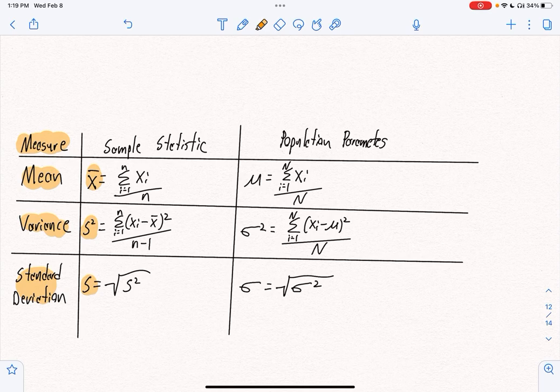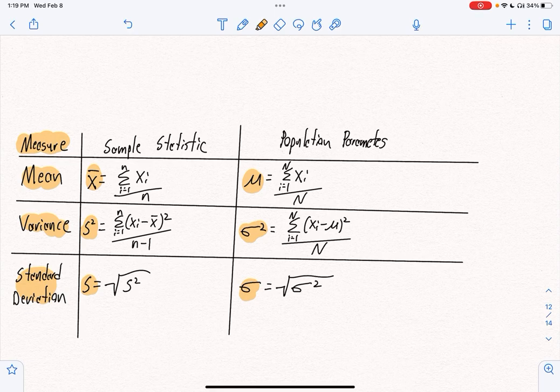And what we're doing here is we're using these sample statistics to get estimates for our population parameters, which in this case are Greek letters. Makes us statisticians feel fancy. So we use the Greek letter mu to represent the population mean. We use the symbol sigma squared to represent the population variance. And then we use the symbol sigma to represent the population standard deviation.